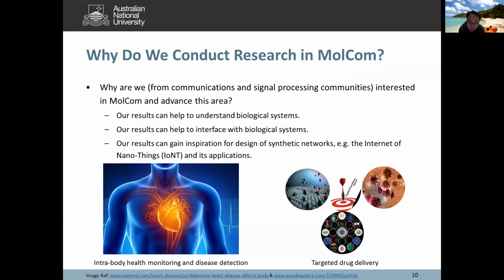So this is how molecular communication and the Internet of Nano Things can facilitate targeted drug delivery.